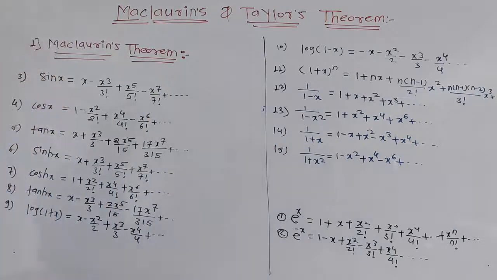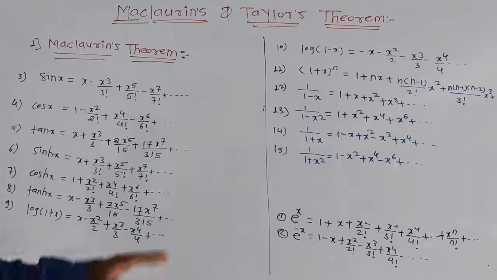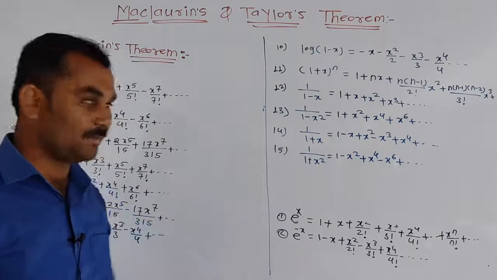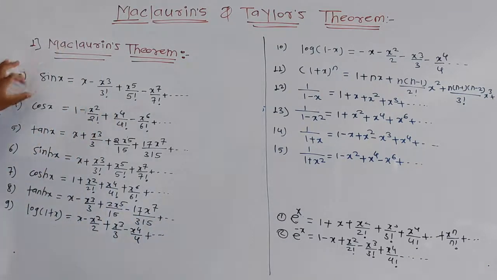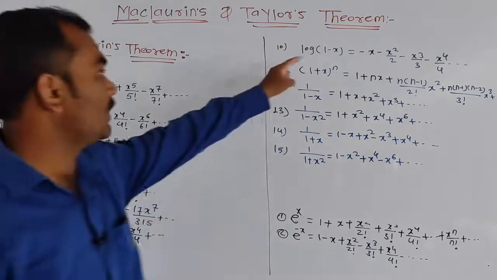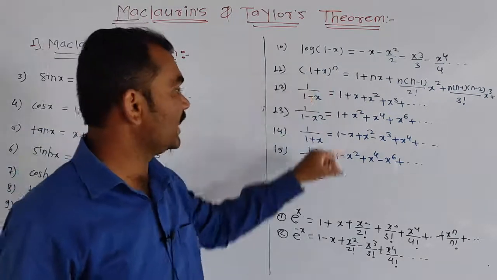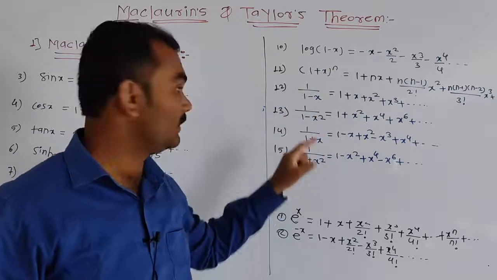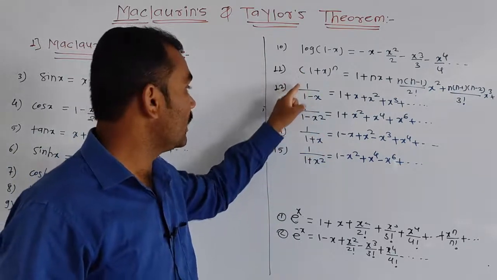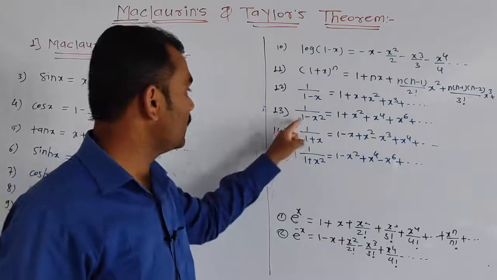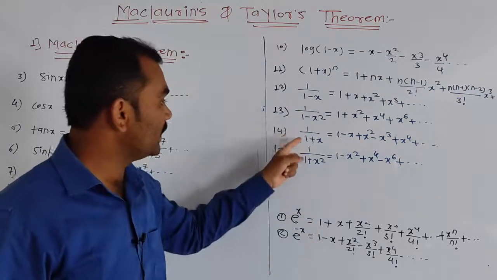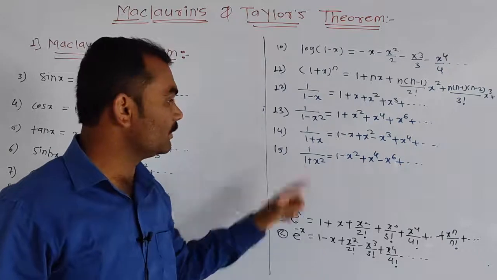Okay, and these are some important infinite series. First is e raised to x, e raised to minus x, sin x, cos x, tan x, sin hyperbolic x, cos hyperbolic x, tan hyperbolic x, log of 1 plus x, log of 1 minus x, 1 plus x bracket raised to n, 1 minus x bracket, 1 upon 1 minus x, after that 1 upon 1 minus x square, after that 1 upon 1 plus x, after that 1 upon 1 plus x square.